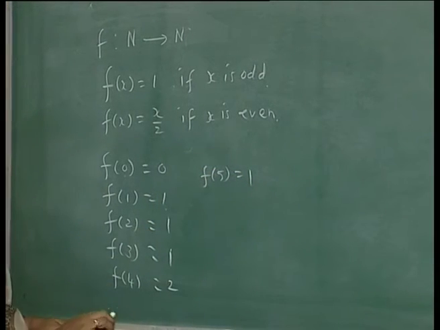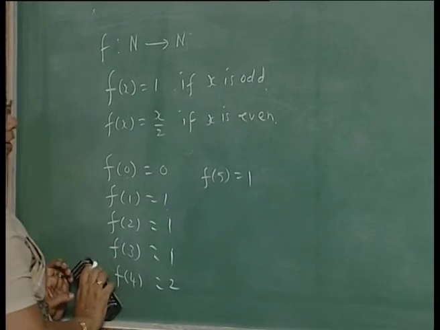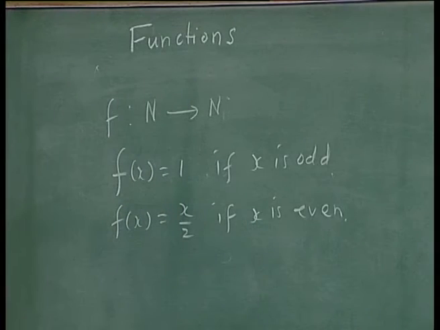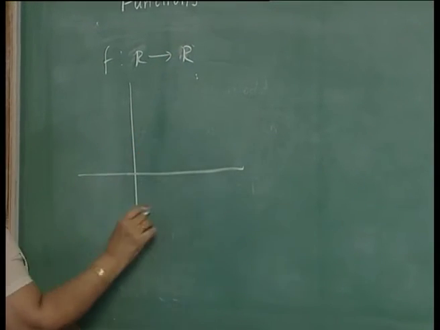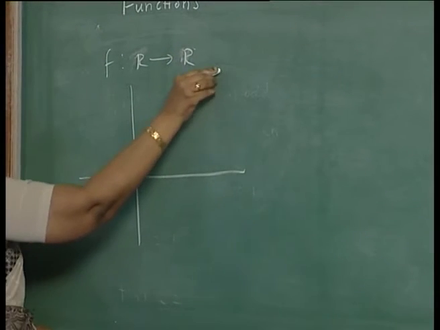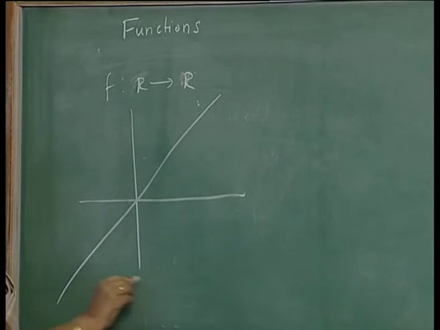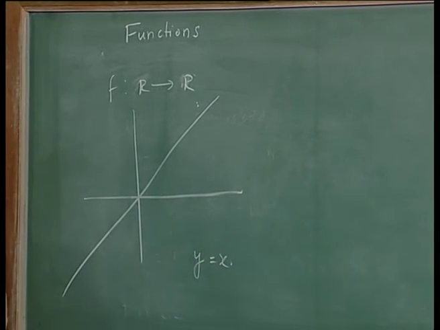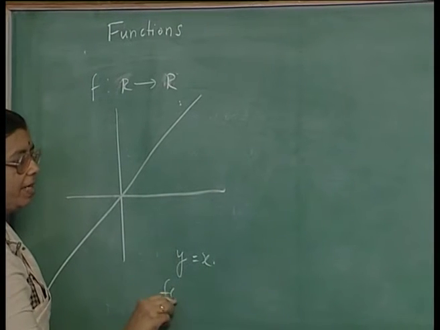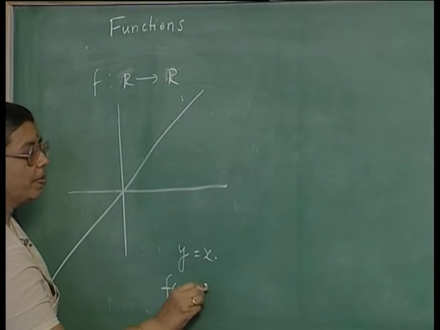This is one example. Any graph you take also represents a function. If you take the set of real numbers, this is the real plane, and you draw a line like this, this represents the line y is equal to x, isn't it? Or this represents the function f of x is equal to x.